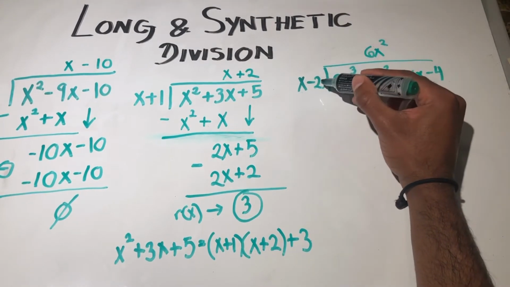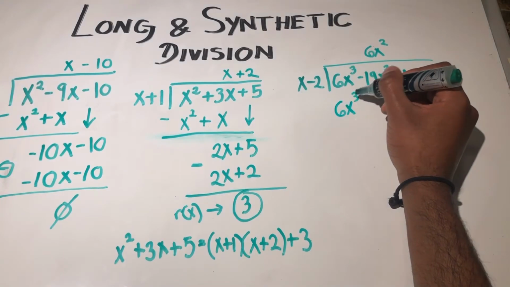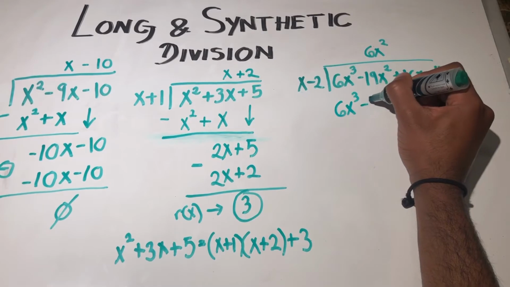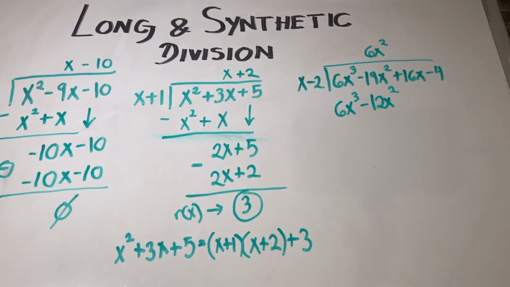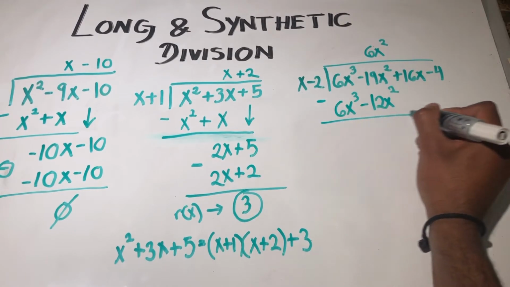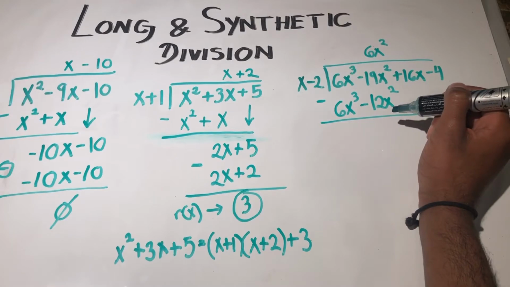So 6x squared times x is going to give you 6x cubed. And then 6x squared times negative 2 is going to give us negative 12x squared. And then don't forget to subtract it. 6x cubed minus 6x cubed, that's just 0, so I'm not going to write that.